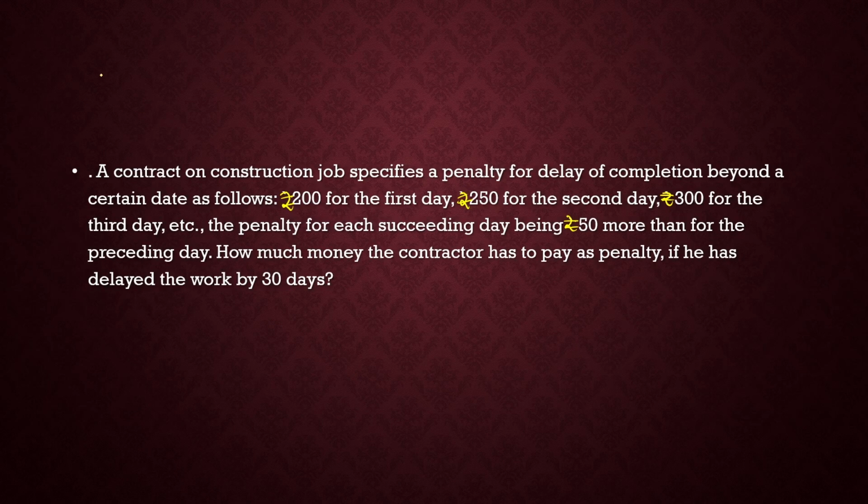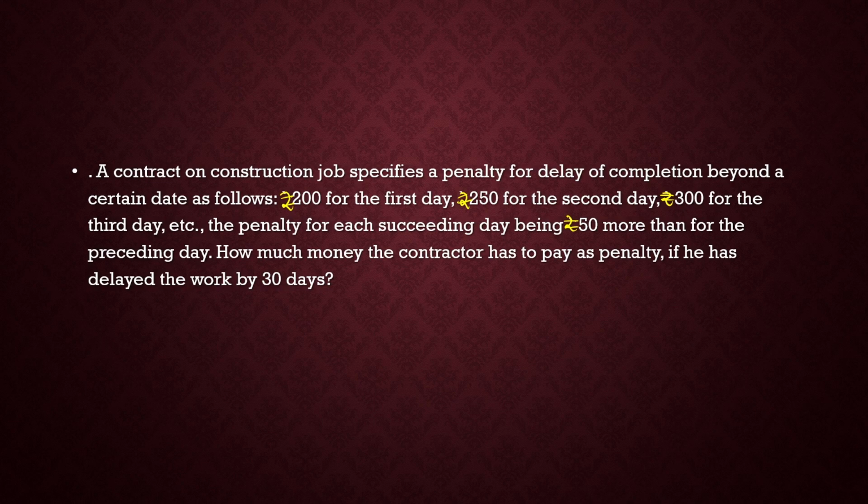See here what they're telling us. I have specified a job to a contractor and I want him to finish it within 5 days. But due to some circumstances, the person was not able to finish the given task. So if he delays the work by 1 day, then the penalty he must pay is rupees 200.